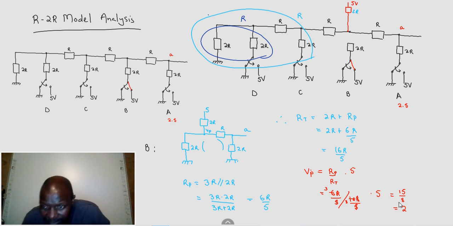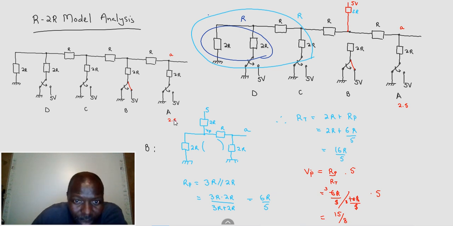Let me just leave this as it is, because this is not my final step, and I don't want to do too much calculation before I get to my final step. 5 into 5, the 2 there gives us 3. The Rs cancel. So this gives us 15 over 8. Let's leave that as it is.